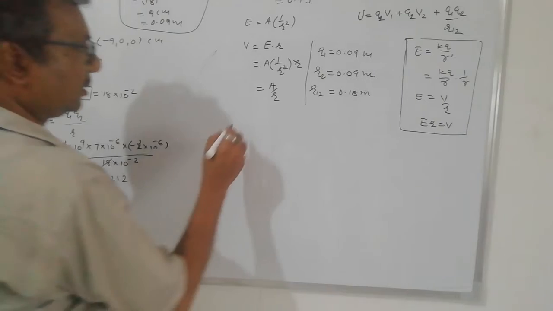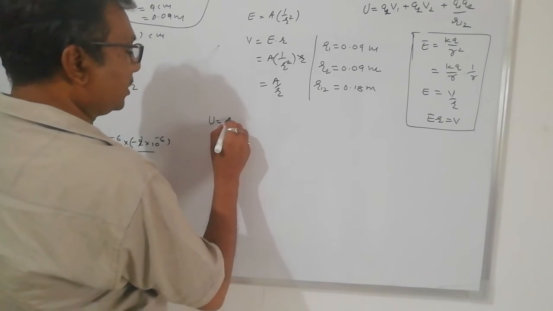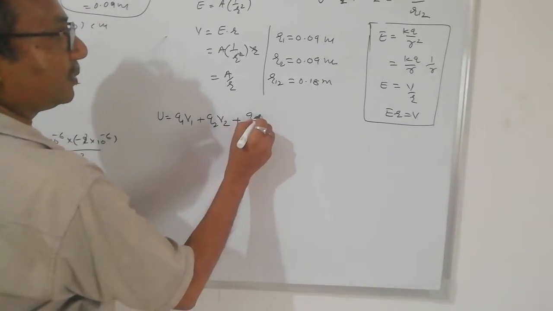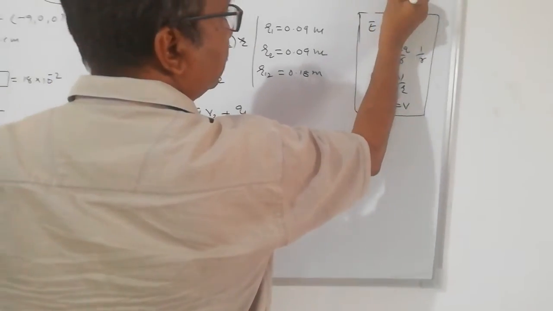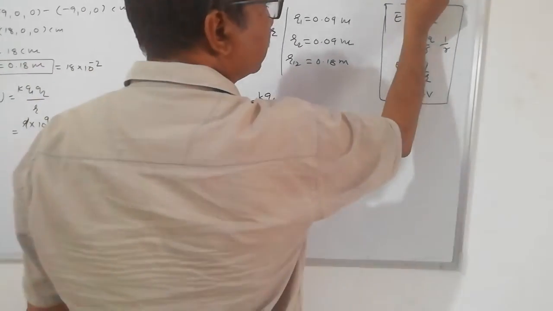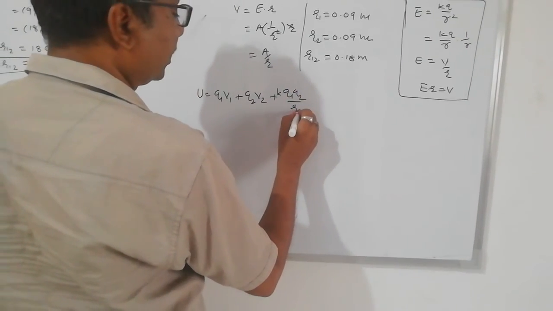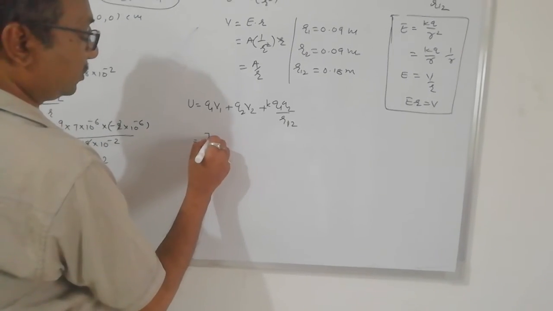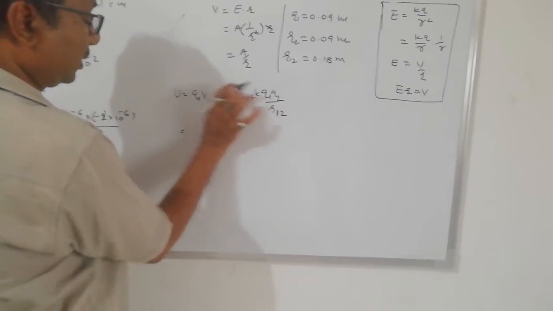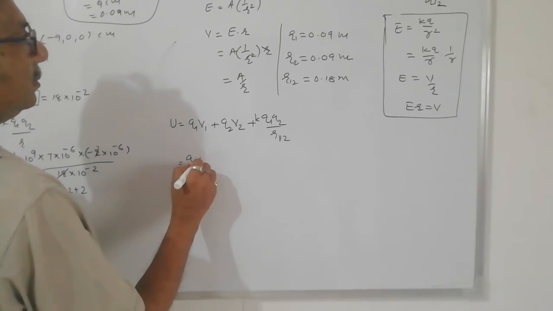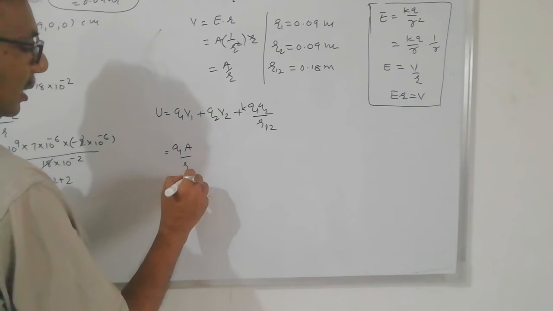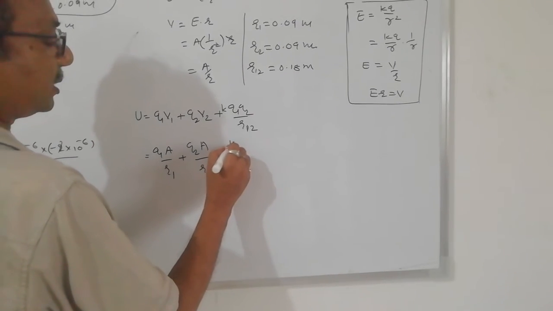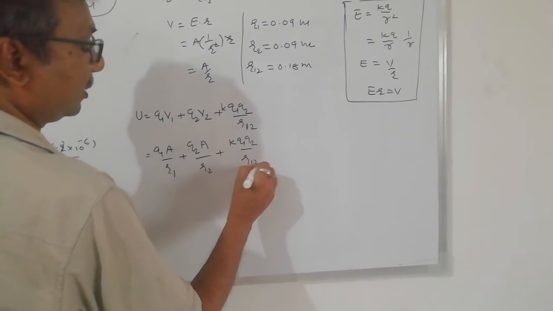So U is equal to Q1 V1 plus Q2 V2 plus K Q1 Q2 upon R12. Put down the values: Q1 into A upon R1, plus Q2 A upon R2, plus K Q1 Q2 upon R12.